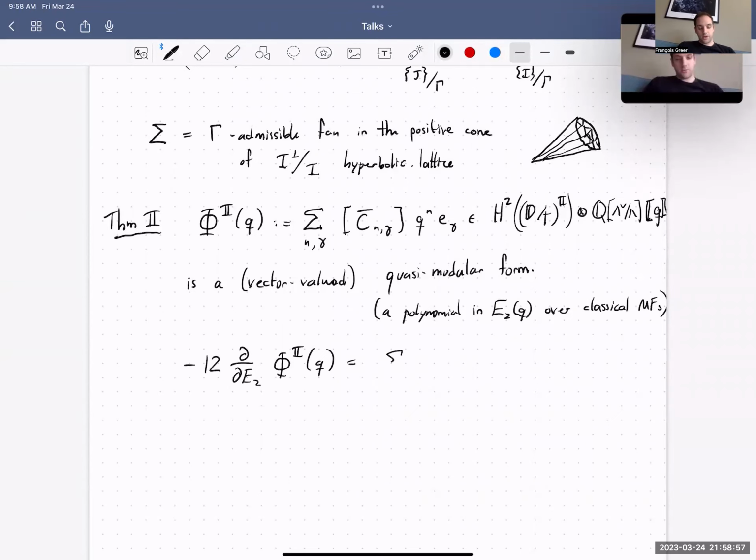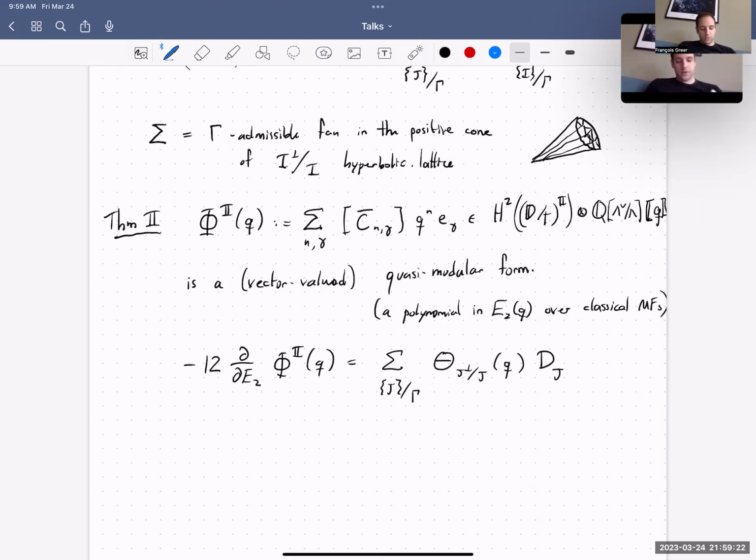To be precise, it's the sum again over all j's up to the action of gamma of the theta function of j perp mod j, which is a negative definite lattice, times the divisor dj.